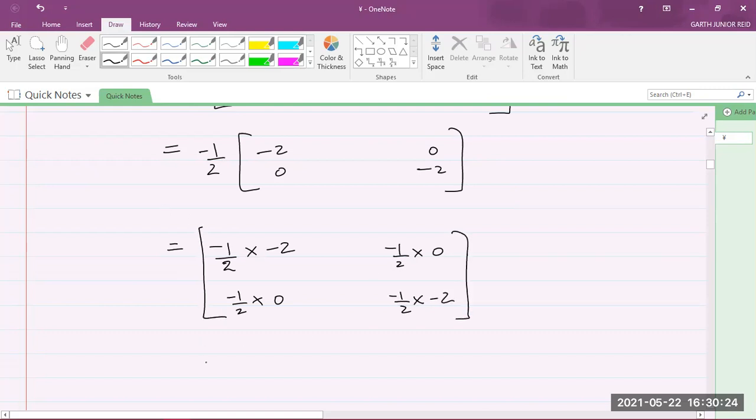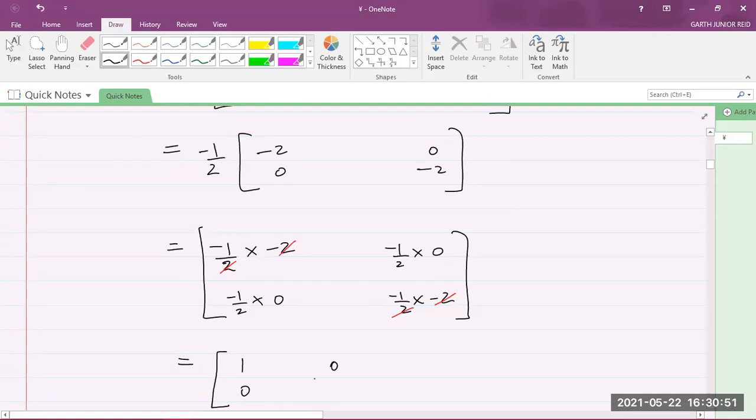If I do that, what will I get? I could cancel out the 2's here, and the 2's here as well. So negative 1 times negative 1 is a positive 1 here. Down here, negative a half times 0 is 0, so we'll have 0 here as well.